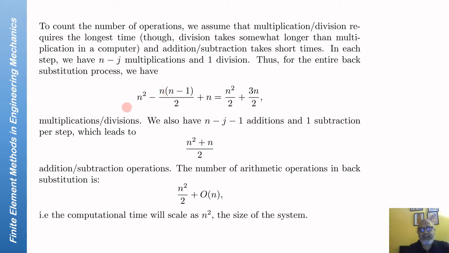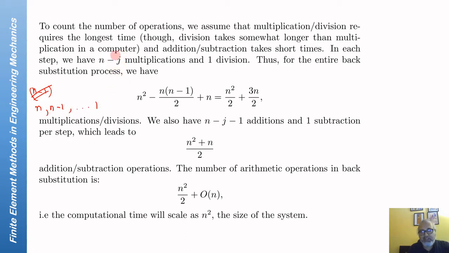So if you add it up, n will become n square for the n steps that you go through. j is equal to n for the first step, n minus 1 for the second, and it goes all the way up to 1. So when you add the operations up, it will be a series which starts with n, then n minus 1 and goes all the way up to 1.